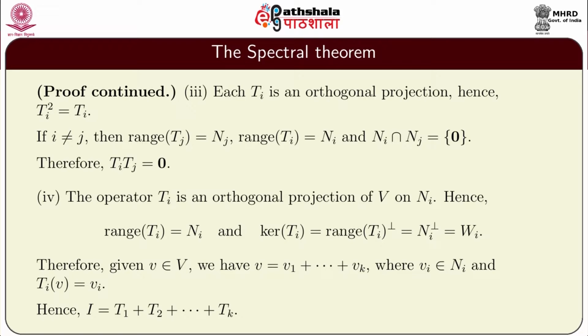Therefore, given v in the vector space V, we have v is equal to v1 plus v2 and so on up to vk, where vi belongs to Ni and Ti v is vi. Hence, I is equal to T1 plus T2 and so on up to Tk.